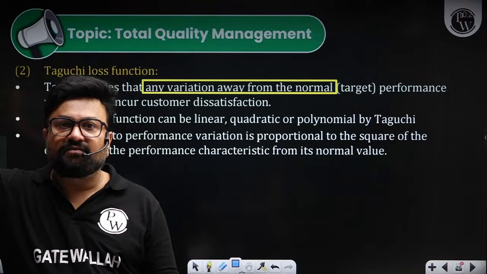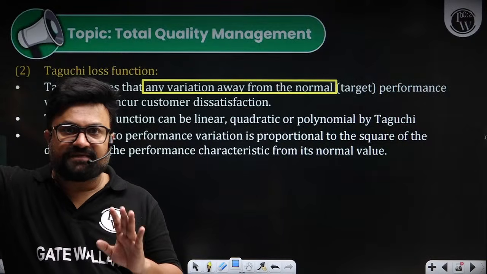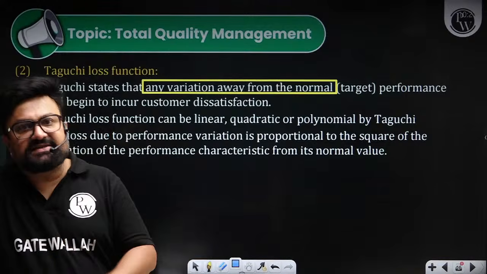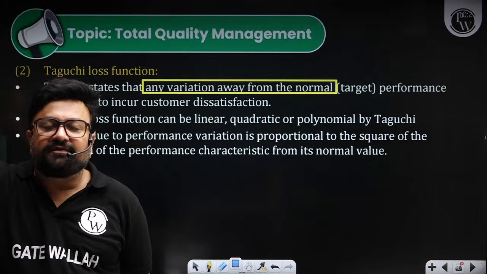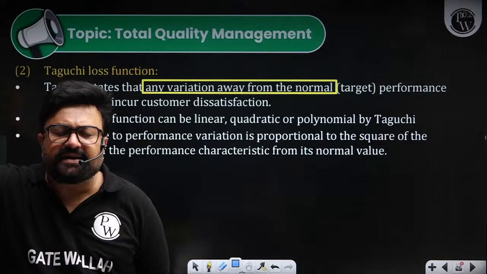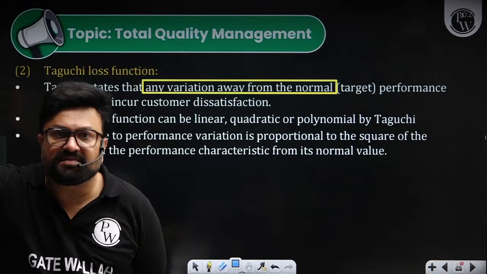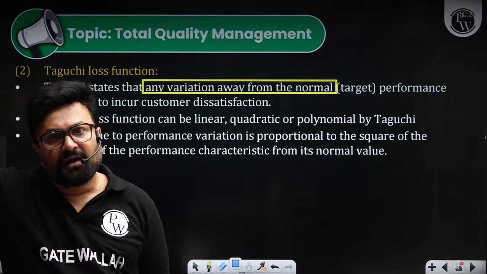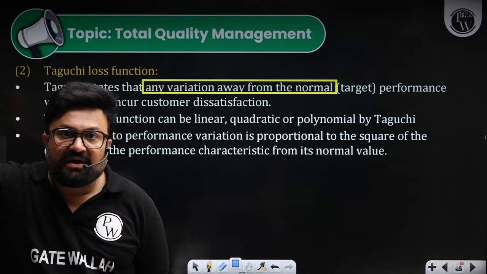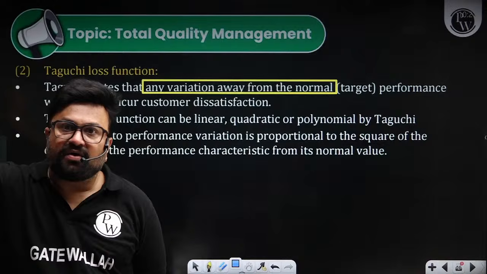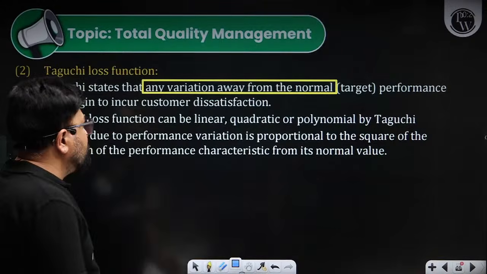Taguchi states that every variation away from the target performance will begin to incur a customer's dissatisfaction. The Taguchi loss function can be linear, quadratic or polynomial.